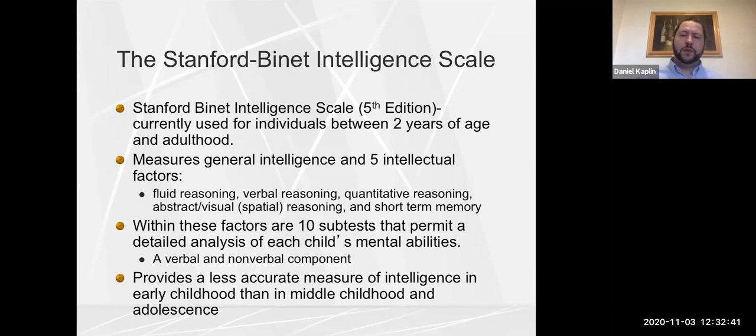So one nice thing about the Stanford Binet, which makes it a culture fair test, even though people who are native English speakers tend to do a little bit better, is that the Stanford Binet test now includes both verbal and nonverbal components. Because what you're going to see is that there are cultural biases on the verbal components, whereas the nonverbal components tend to be far less biased.